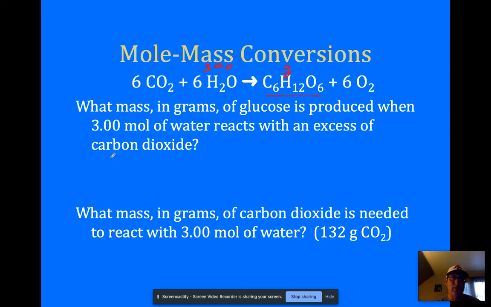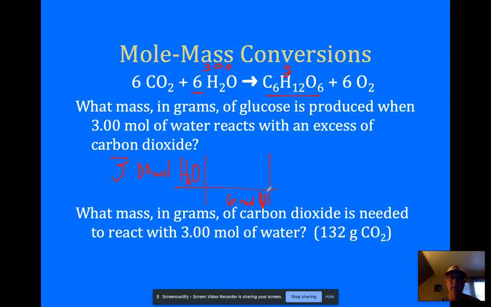So I'm going to start with what I'm given, 3.00 moles of H2O. And so I have moles as my unit. So I'm going to go straight to my mole ratio step, for every 6 moles of H2O.